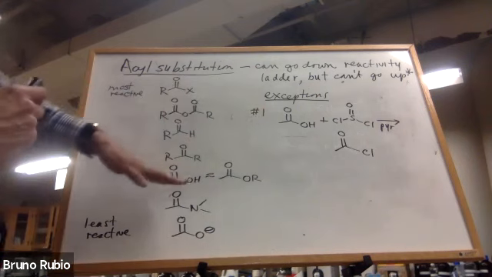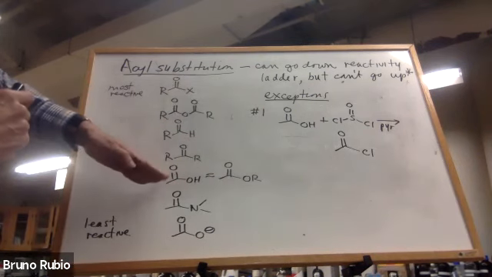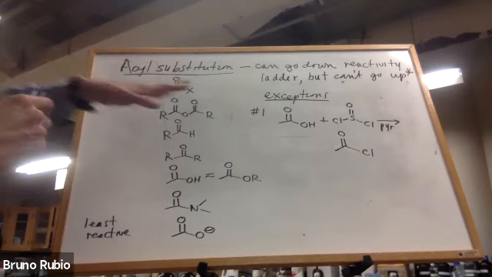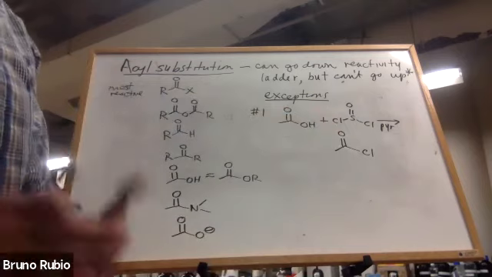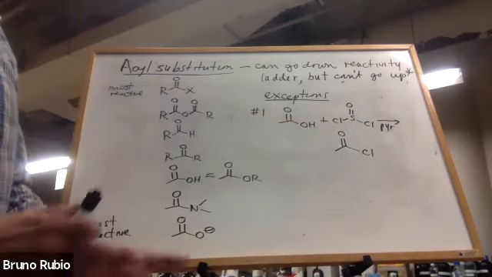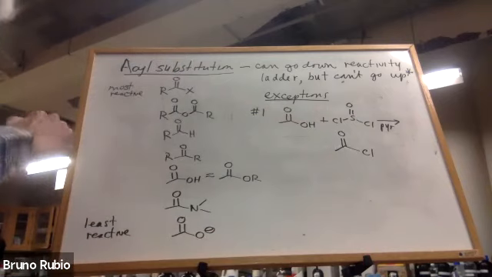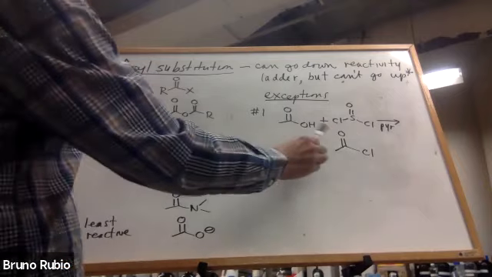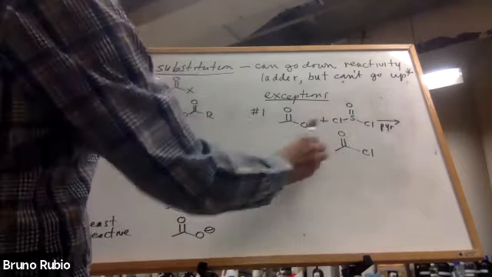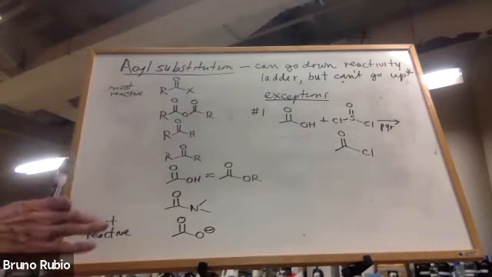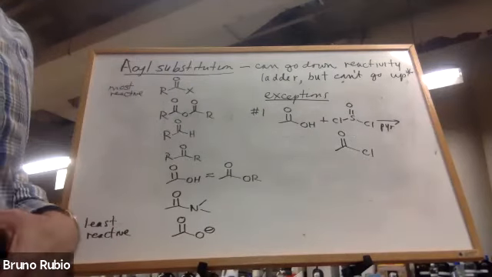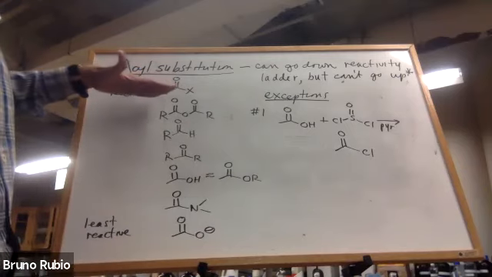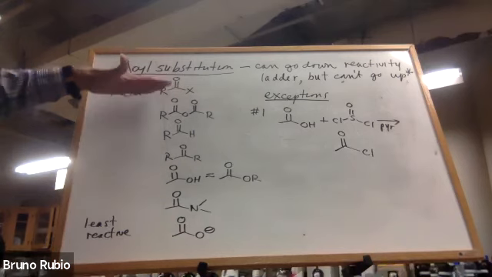So we can go up the ladder from a carboxylic acid to an acyl halide, but this is not acyl substitution in its classical sense, so it's not really an exception to our reactivity principle, because this is not Cl minus, and this is not HCl. So this is not really acyl substitution, it's something else, but it looks like acyl substitution. It looks like a violation of this reactivity principle.